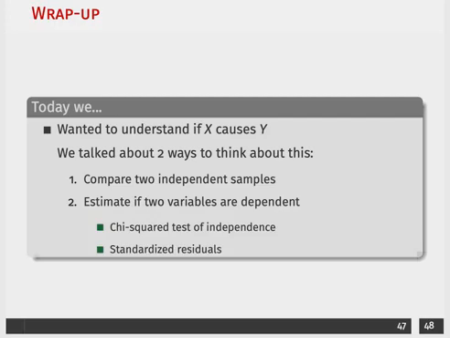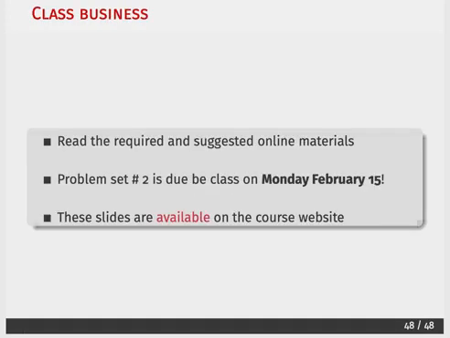And to specifically see which cells were causing deviations, if there is any dependence between the variables, we used standardized residuals. Moving forward, when we actually have multiple variables in our regression, we'll talk about different ways to cross off any confounders or other types of potential alternative explanations that would explain the direct relationship between some treatment and the outcome that we're interested in. But that'll come in later modules.